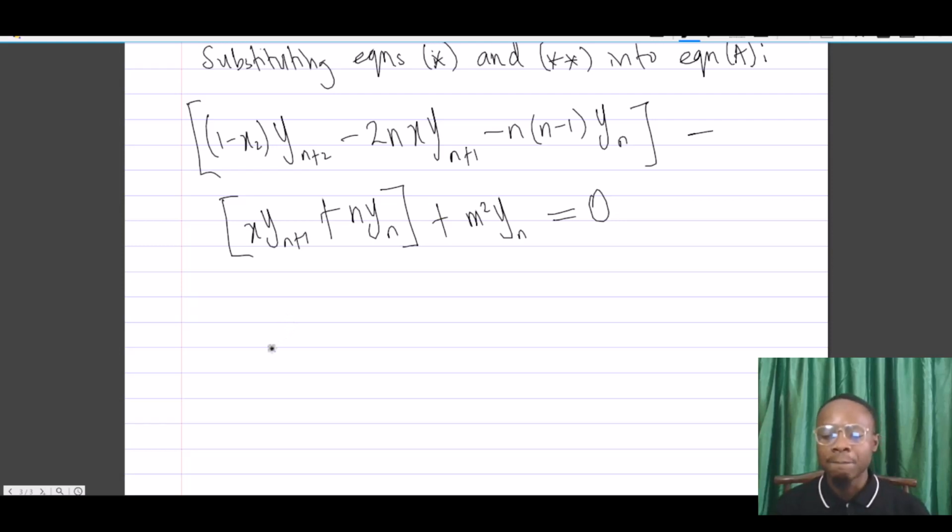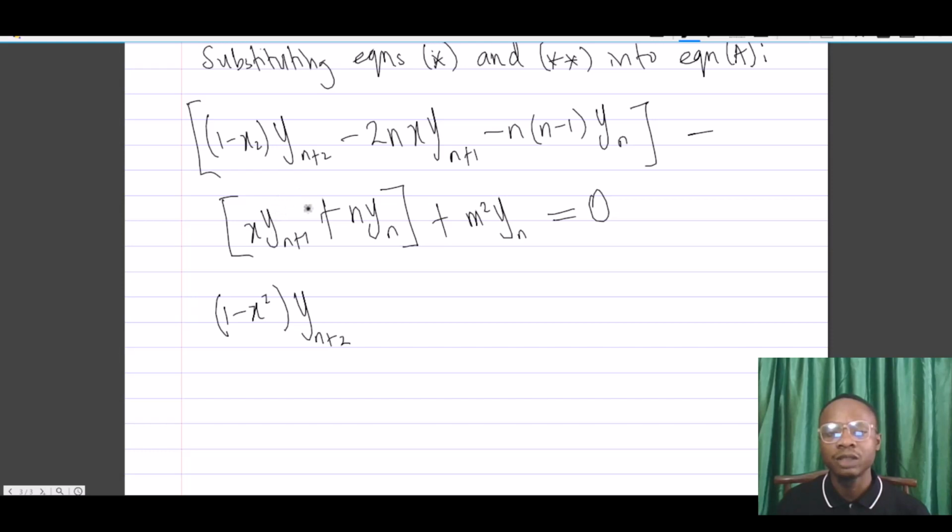So now look at this expression. What we just need to do is to collect like terms, so to speak. Those derivatives of y that are the same, we move together. The ones carrying y_{n+2} will be (1 - x squared) y_{n+2}. The one carrying y_{n+1}, we have y_{n+1} here, we have another y_{n+1} here.